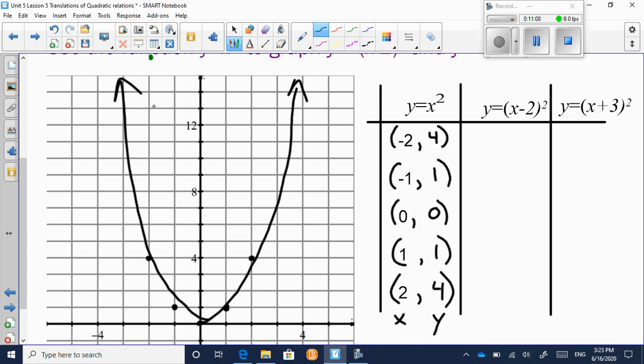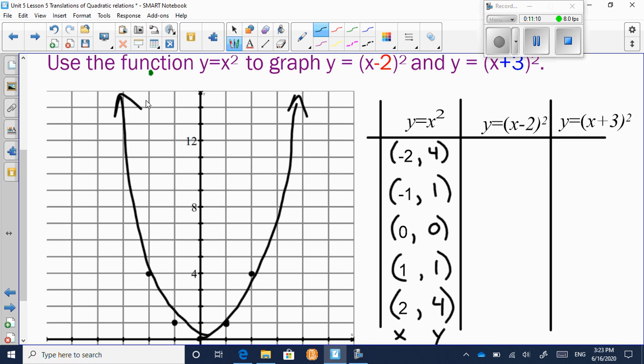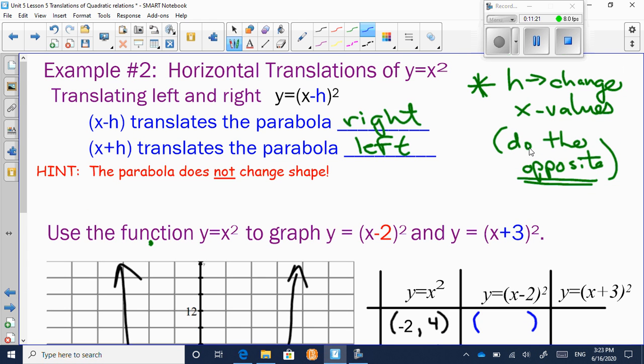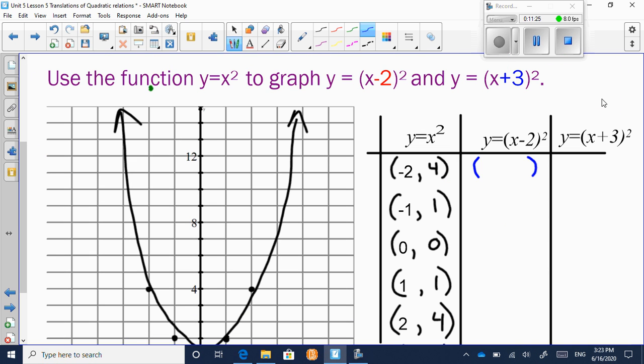Okay. Now, we want the new points for this parabola, which is y is equal to x minus 2 squared. Okay. So what I'm going to tell you is that the h changes the x values. So watch this. I am now going to focus in on that -2.